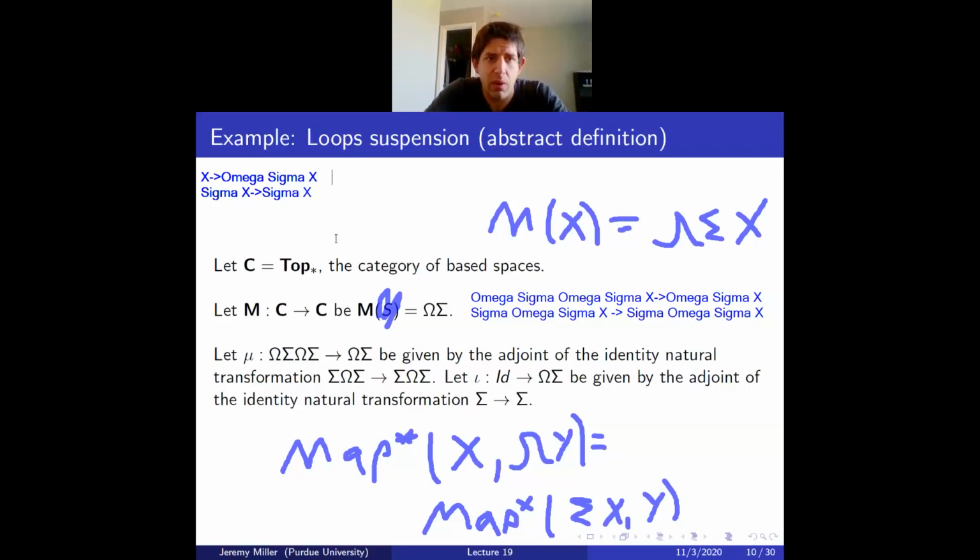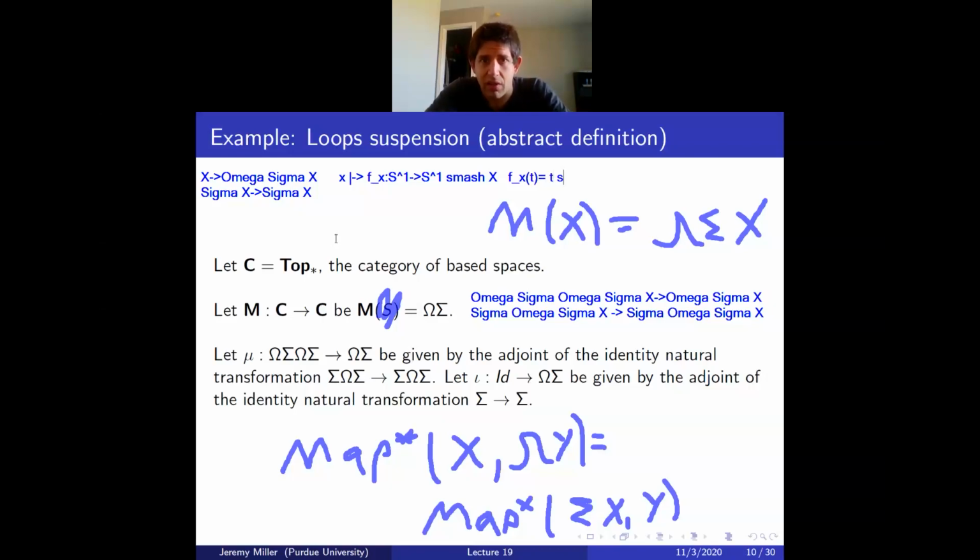If you want to think more concretely, what is this? This is saying that X goes to functions from S1 into S1 smash X. The formula is that little x maps to a function, and I'll call this f sub x. f sub x of t should be a point in S1 smash X, so we need a circle coordinate and an X coordinate.